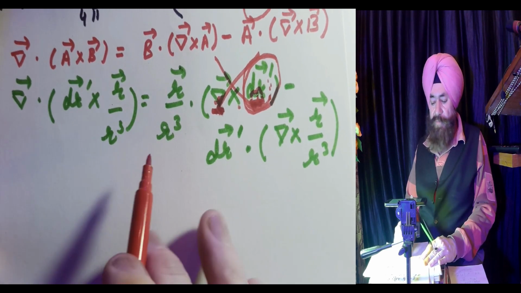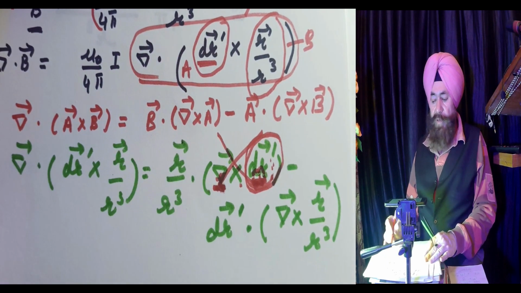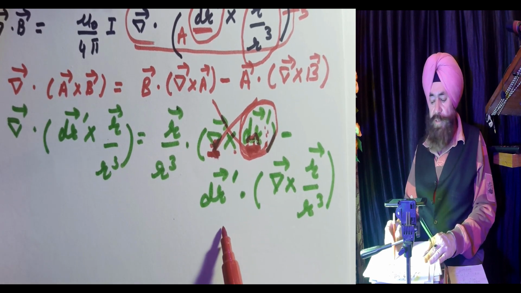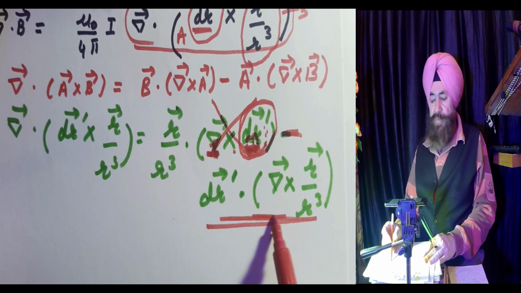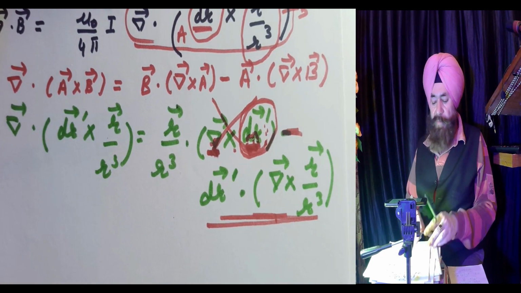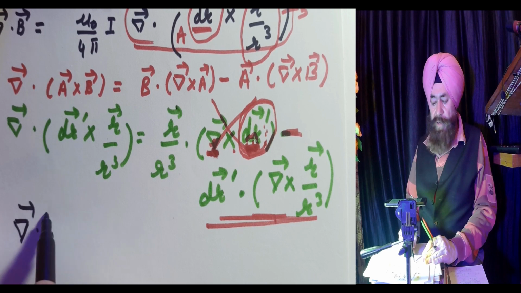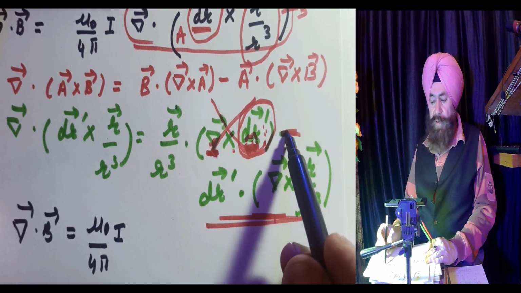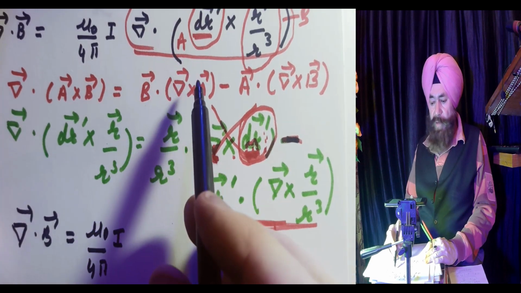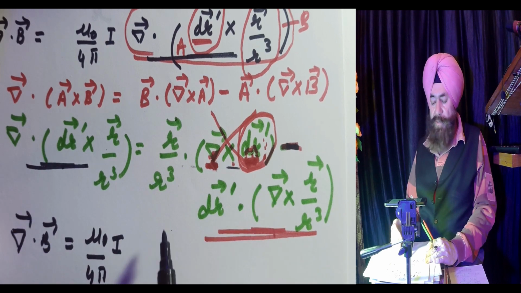Now we are having only this term. Now it reduces to what? With minus sign and this part. Okay, so del dot B becomes equals to mu naught upon 4 pi and I, and here is a negative sign, and instead of writing this, we are writing the result.